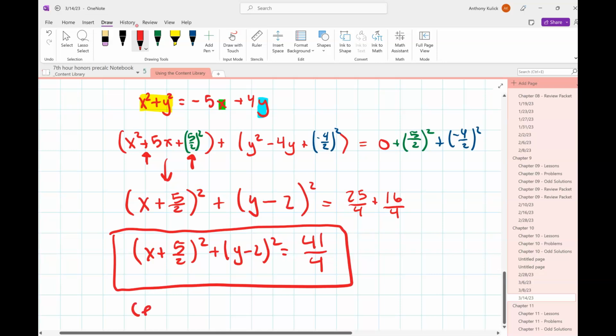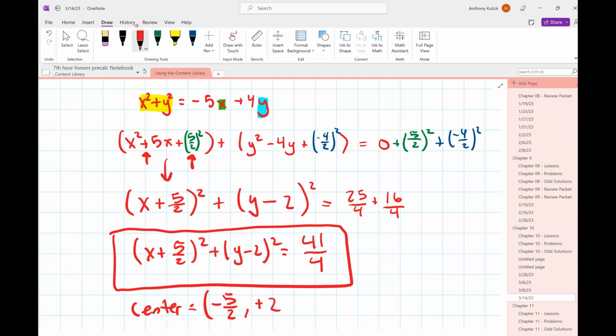As an aside, what's the center for this circle? Close. Yes. And the radius? Square root of 41 over 4. Or just the square root of 41 over 2.